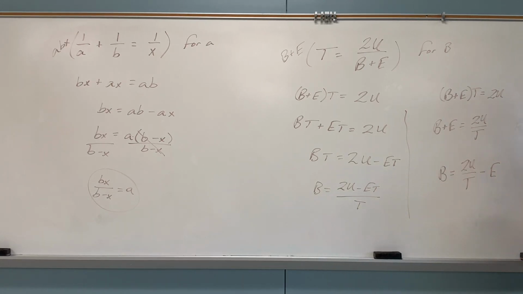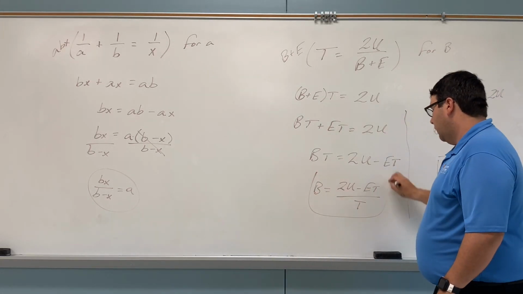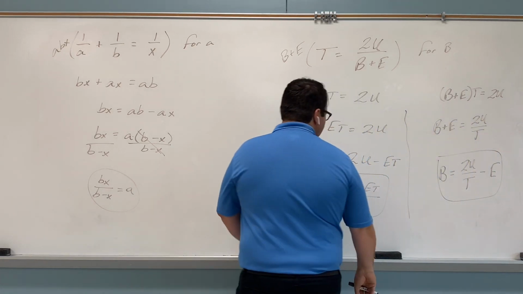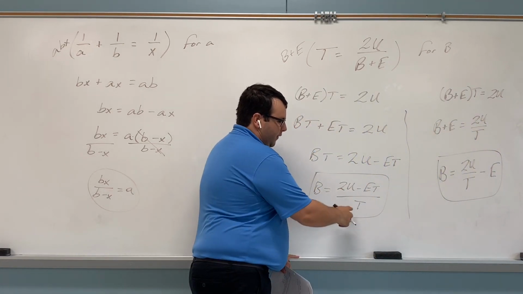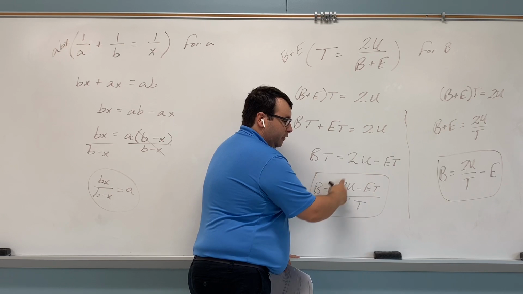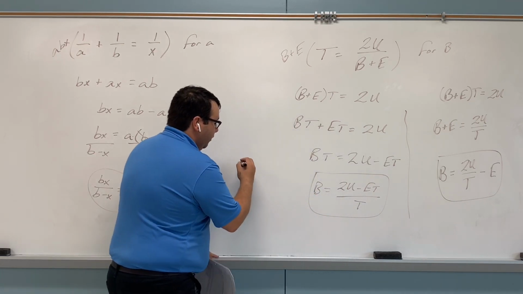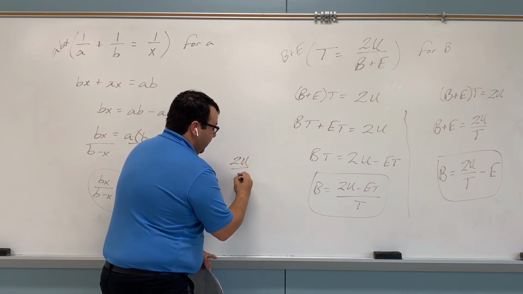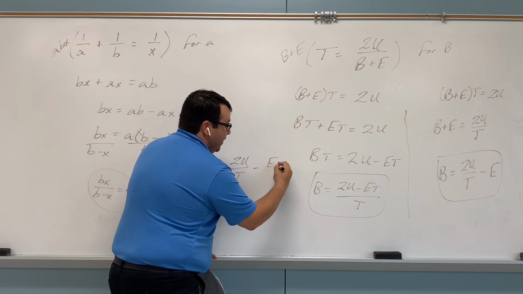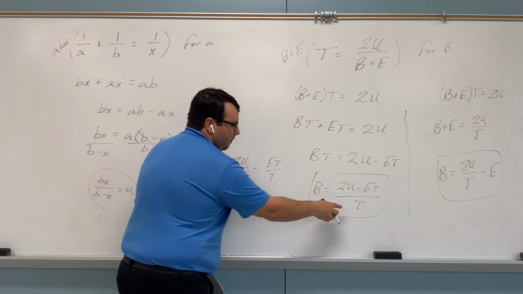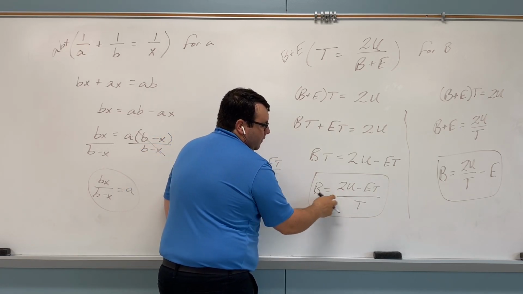This and that look a little bit different, but they say exactly the same thing. So either solution here is correct. Both of these are exactly the same. And just to prove it to you, if you were to think about this particular solution, technically you could have 2u divided by t minus et divided by t, right? Because you could split up the t to each of these.